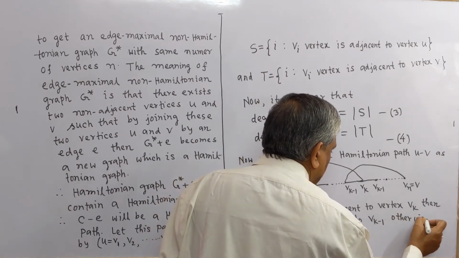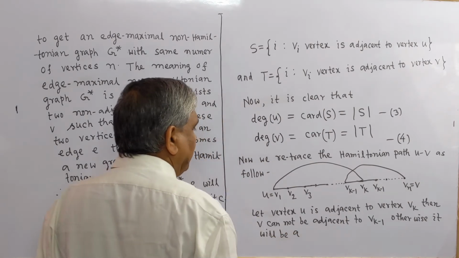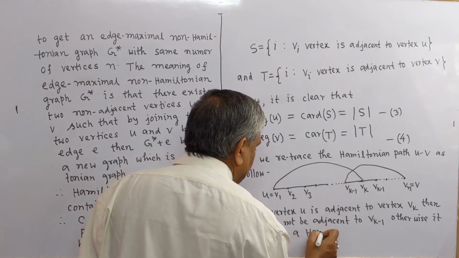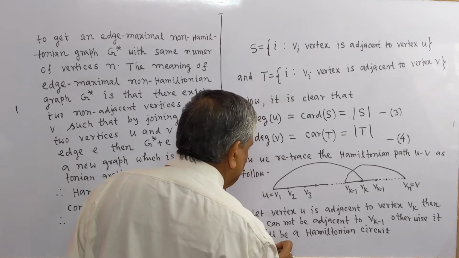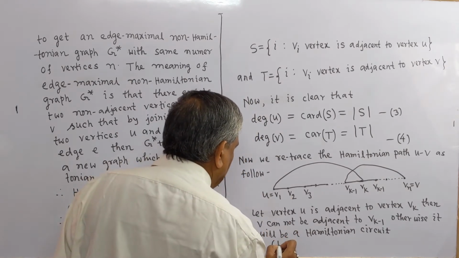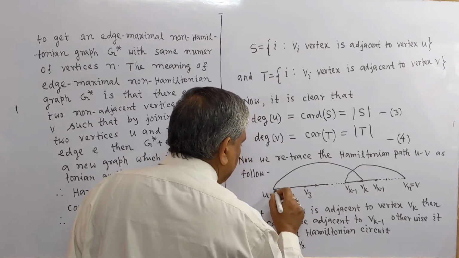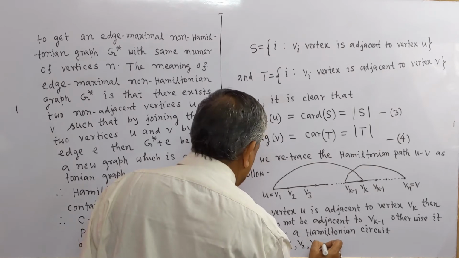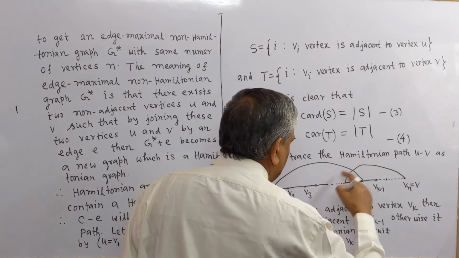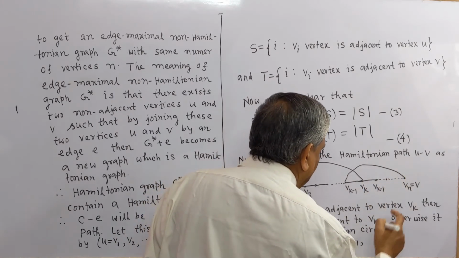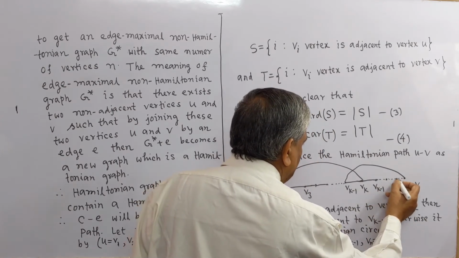Otherwise, it will be a Hamiltonian circuit, because we have the Hamiltonian circuit U equal to V1, then V2, then V3, then Vk minus 1, then Vn equal to V, then Vn minus 1.